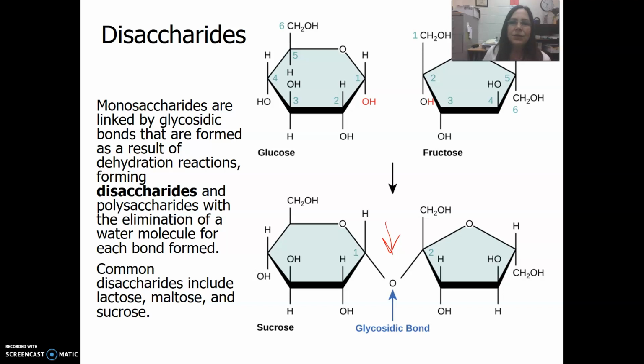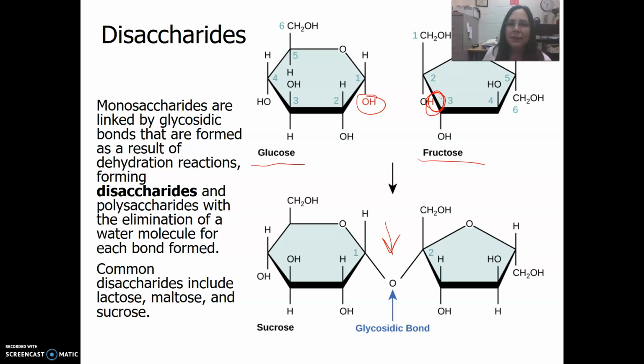So in this case, what you're looking at is glucose loses an OH, fructose loses an H, the atoms in red, and that forms water. And that leaves a bond kind of open.